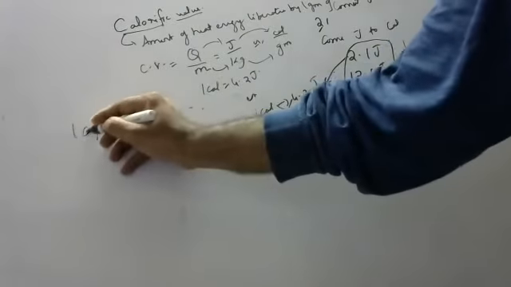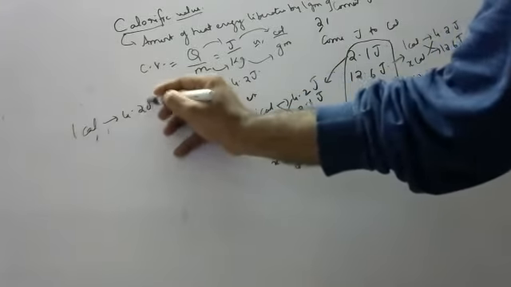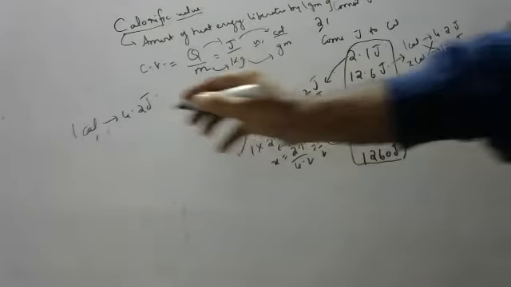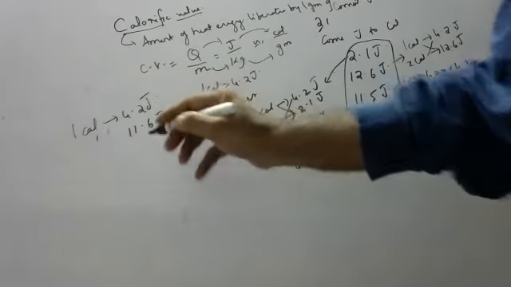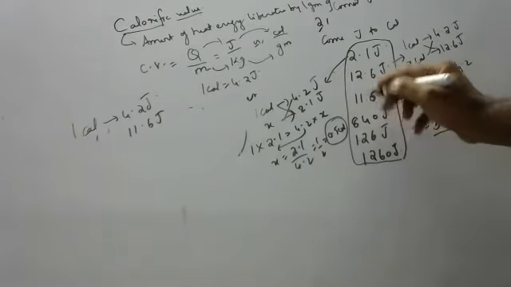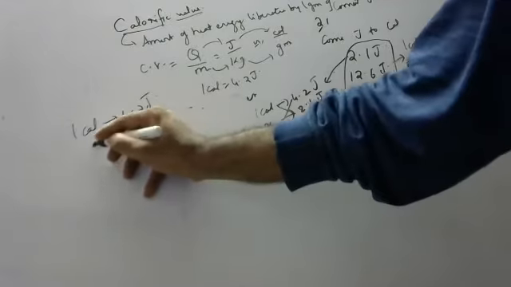Okay, Jill, can you say how to do 11.5 joules? Yes, sir. 1 calorie is equal to 4.2 joules. 11.6 joules is equal to x.